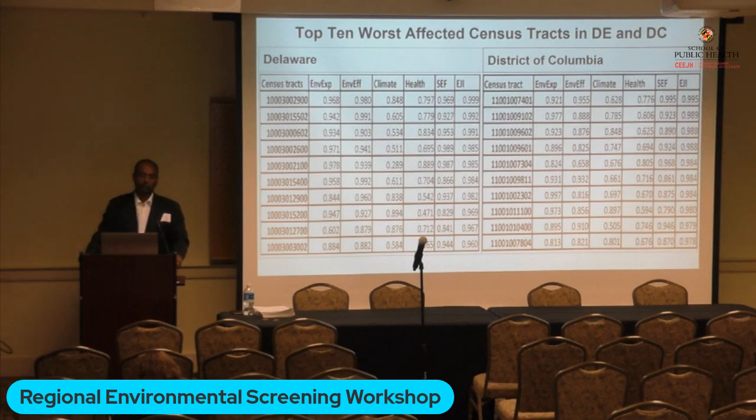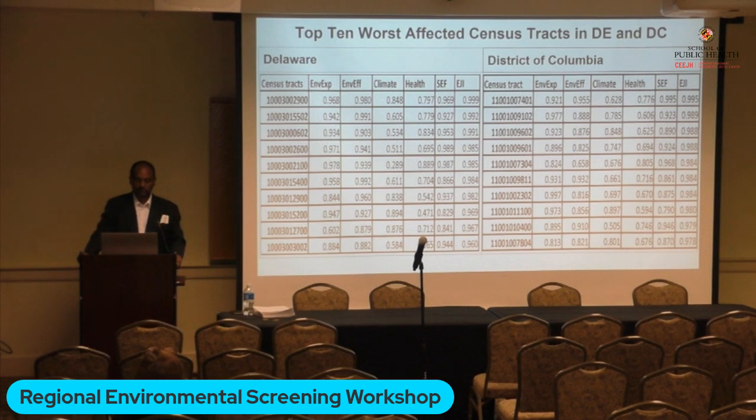So what are the top 10 worst affected census tracts in Delaware and Washington, D.C.? As you can see, I looked at the top 10 in Washington and the top 10 in Delaware, and you can see the statistics also. For example, in Delaware, census tract 00290 has the highest score.